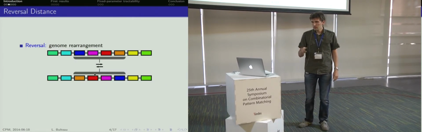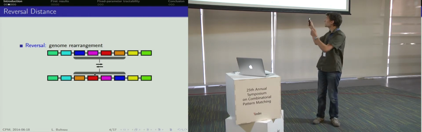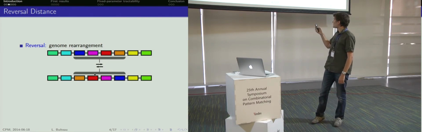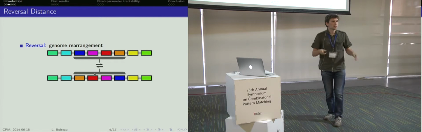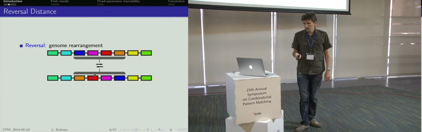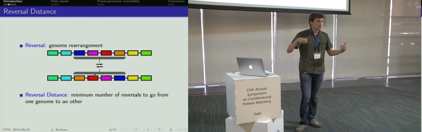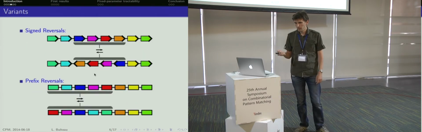So reversal distance, it's the same as DCJ for reversals. So one operation, one reversal operation, consists in reversing the order of the genes in a substring of the genome. And the distance is the number of such operations to transform one genome into the other.